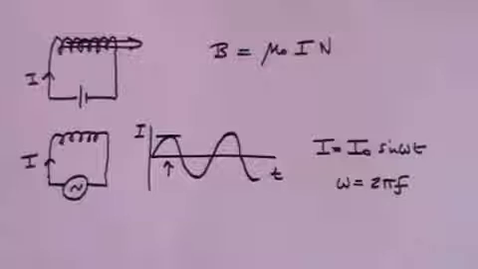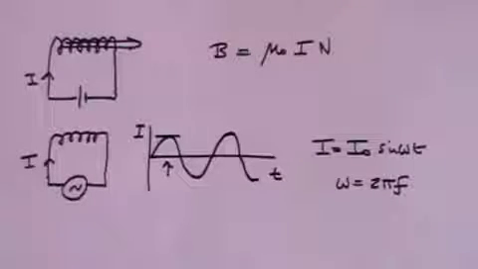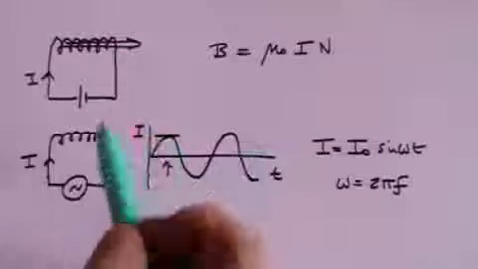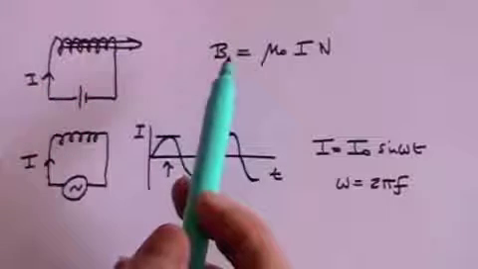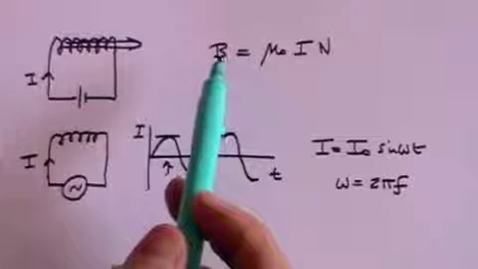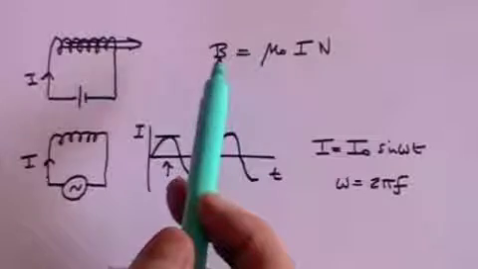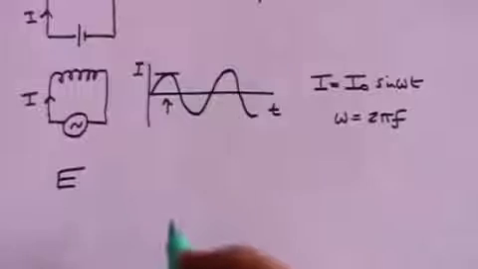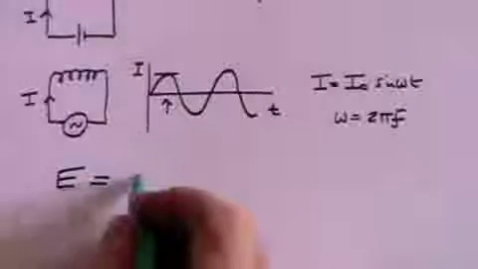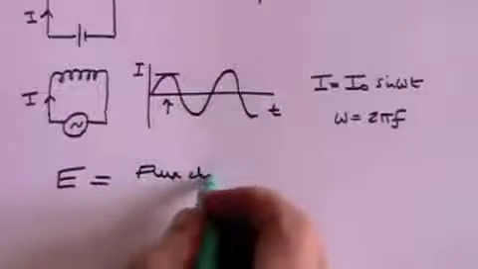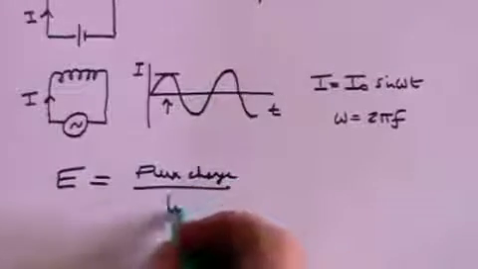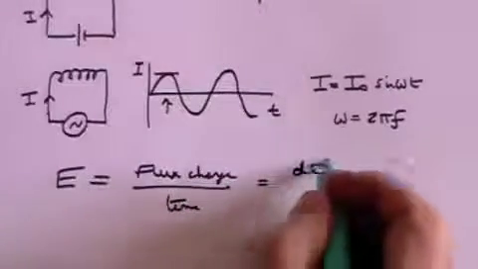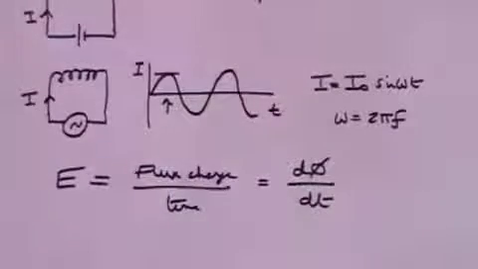Now, what has all that got to do with it? Well, Faraday says that as far as induced EMFs and induced currents are concerned, if you have a steady current and thus a steady magnetic field, you don't get any induction at all, because Faraday says that an induced EMF is equal to flux change divided by time, which is usually written d phi by dt.